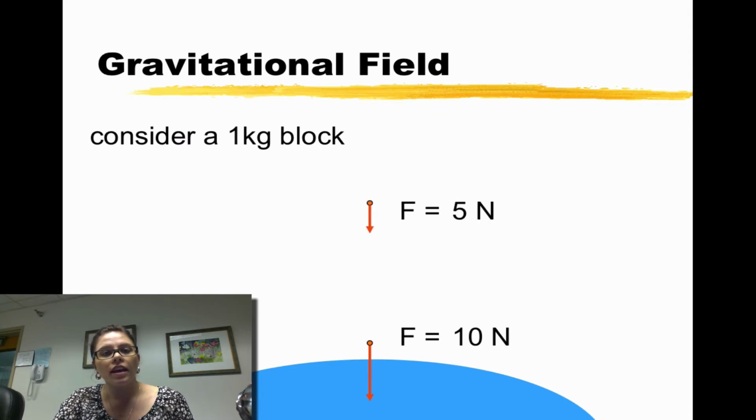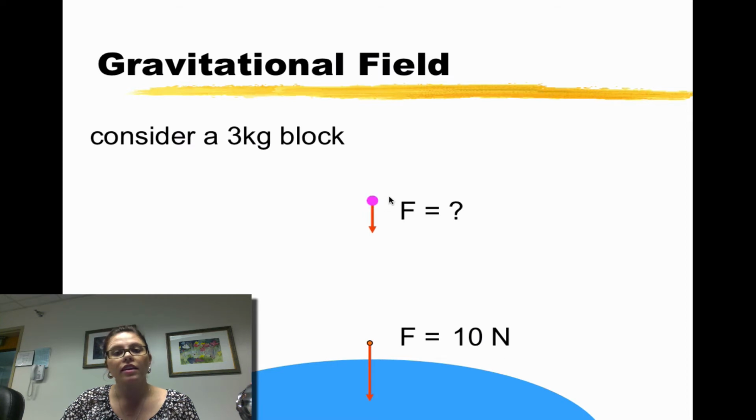So if I replace this 1 kilogram block with a 3 kilogram block, what do you think the force on the 3 kilogram block would be at this point right here? Right, it'd be 15. So the force on a 1 kilogram block is 5 newtons.